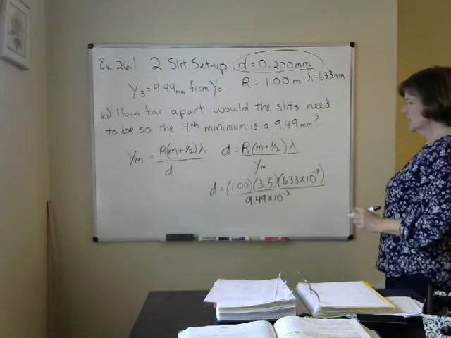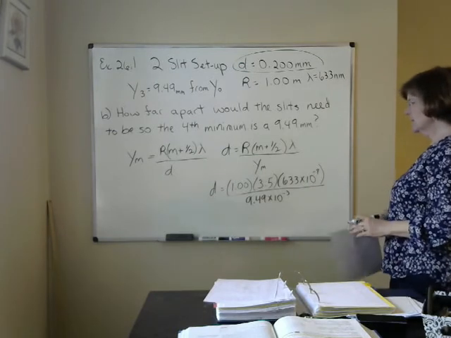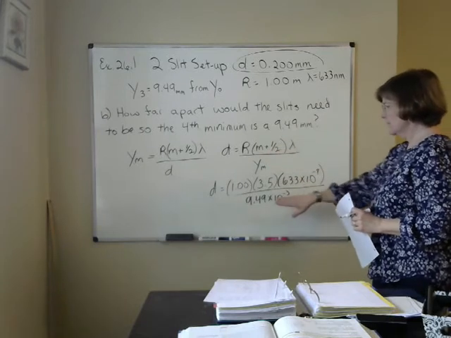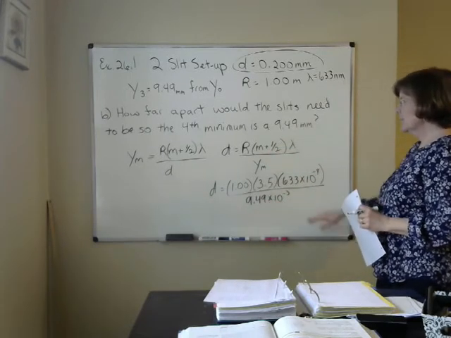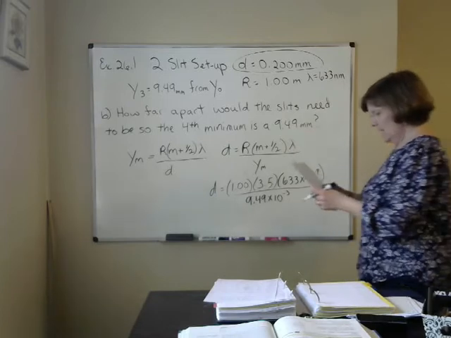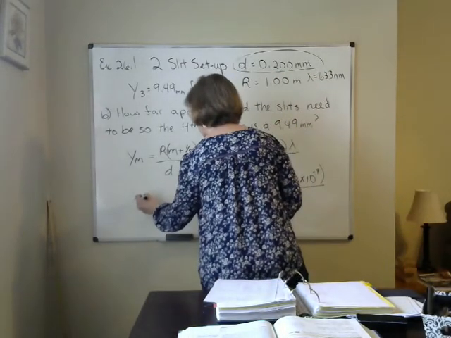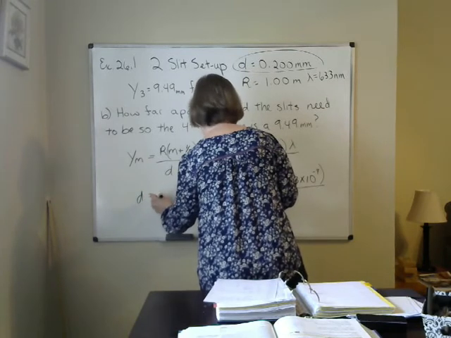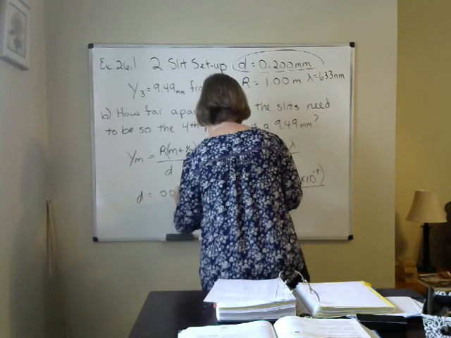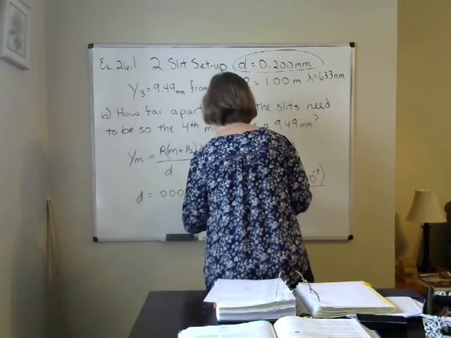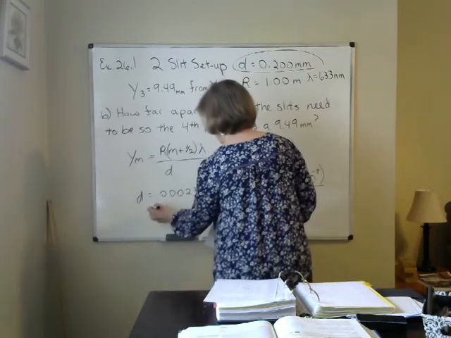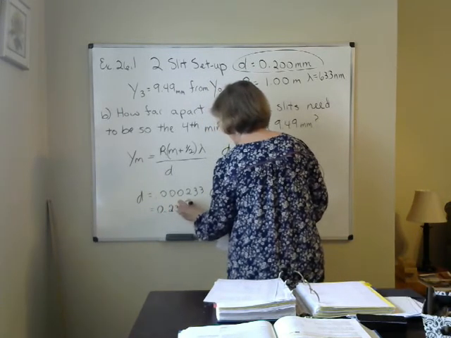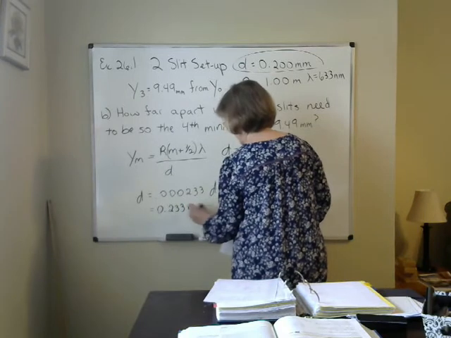If I type all that in, R, 3 plus a half, wavelength, location of the dark spot, or the minimum, I get that D equals 0.000233, or 0.233 millimeters.